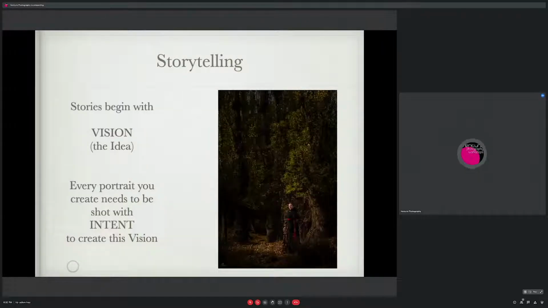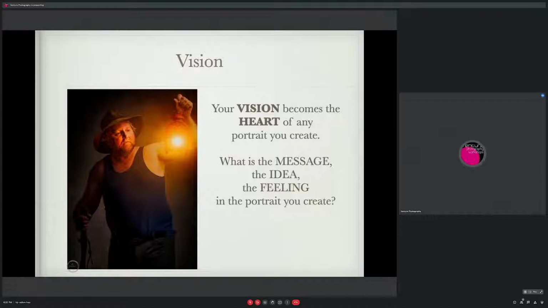So once you've got vision, then your vision becomes basically the spirit, the soul, or the heart of the portrait that you want to create. So for me, it's about, okay, I've got this vision I want, but how do I want this image to impact on the person looking at it? And so now we're bringing in that third party that I referred to earlier on. So it's not just a photographer, it's not just the subject or the subjects, but now we're talking about the viewer.